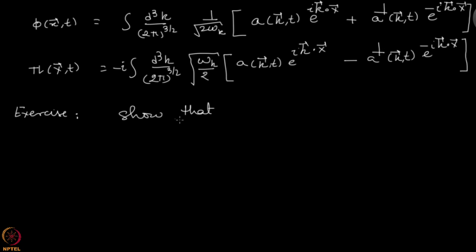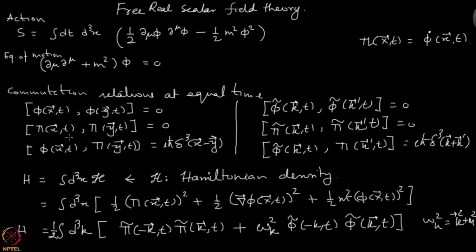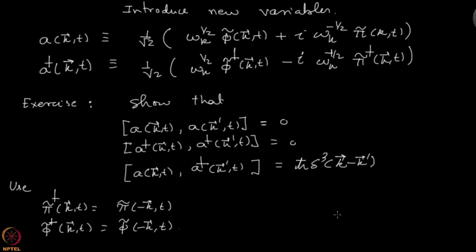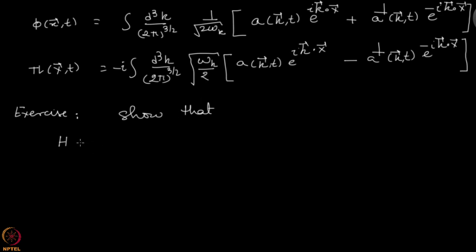So what you should do is take the Hamiltonian expression, which is already given in terms of phi tilde and pi tilde, this one. So take this expression and substitute phi tilde and pi tilde, which are expressed in terms of A and A daggers. You already have them in terms of A and A daggers. Substitute that in the expression of the Hamiltonian and show that you get the following.